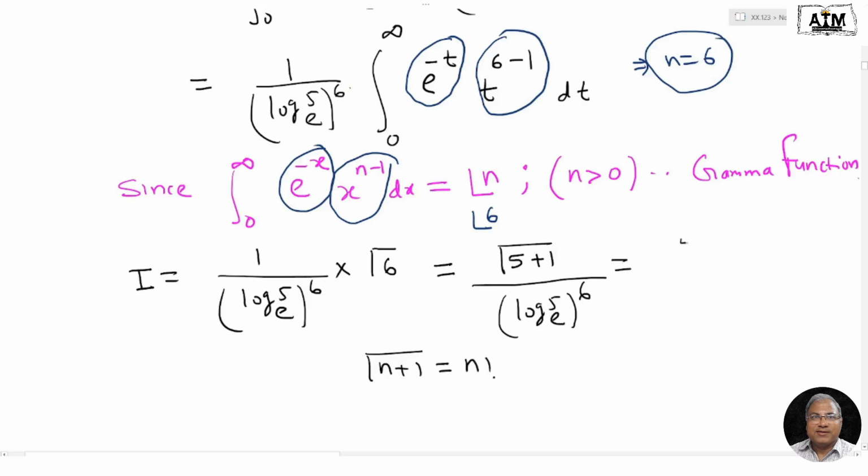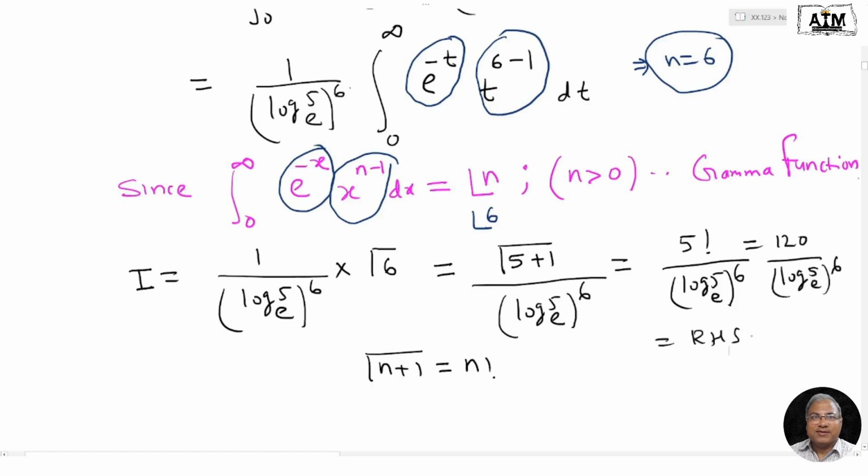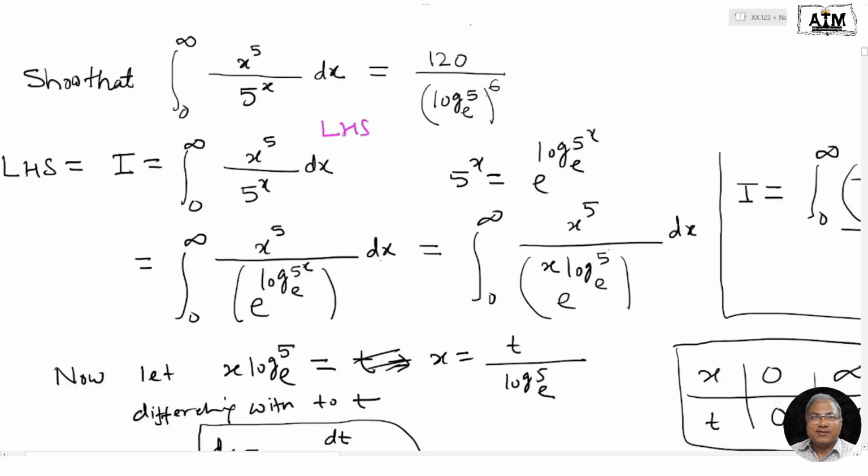Therefore I equals 5 factorial divided by (log 5 to the base e) whole raised to 6. Factorial 5 is nothing but 120, so 120 divided by (log 5 to the base e) whole raised to 6. That is nothing but the RHS. Therefore LHS equals RHS, proved.